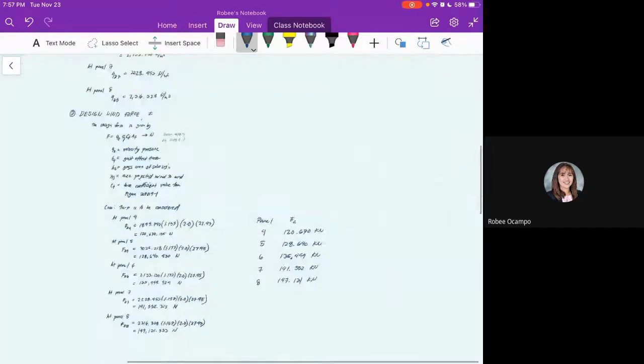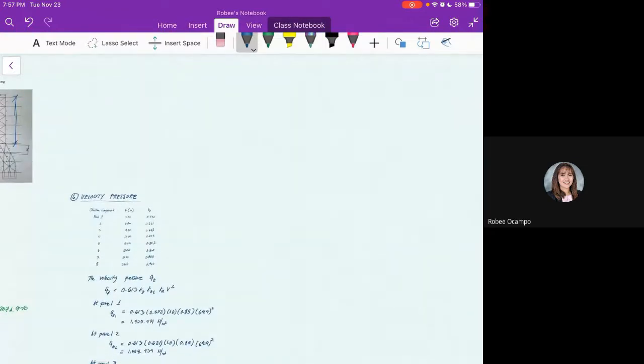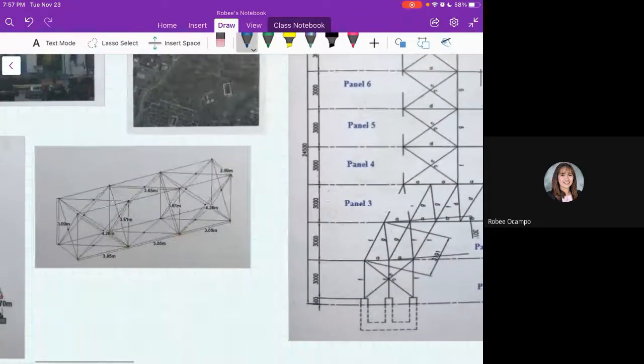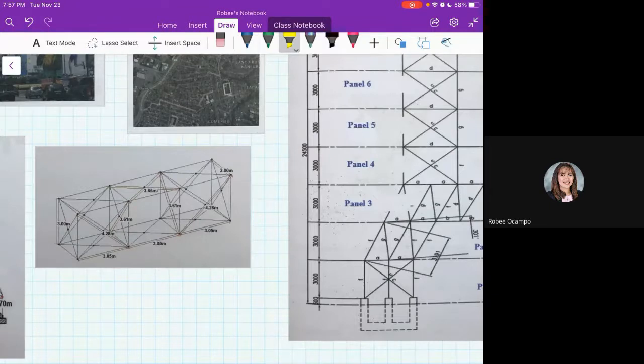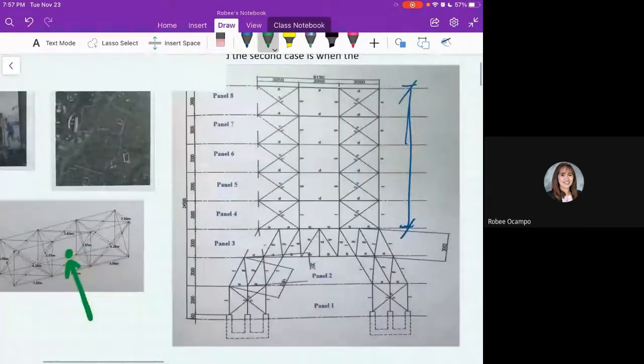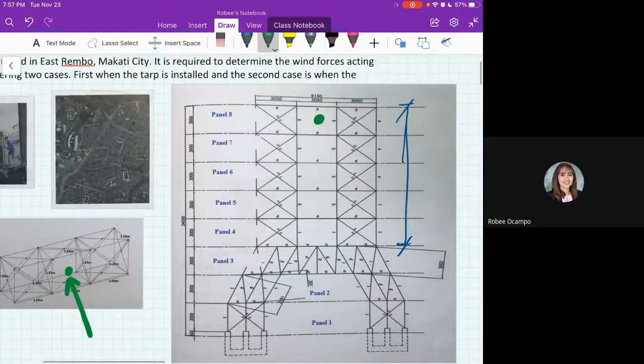So if we have a rectangular area for our panel, the wind load acts at the middle. That is where the wind force for every panel will act. So the value of FZ4 acts at the middle of panel 4, FZ5 at the middle of panel 5, and so on.